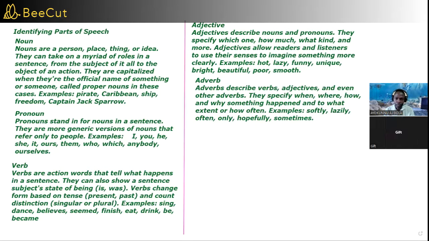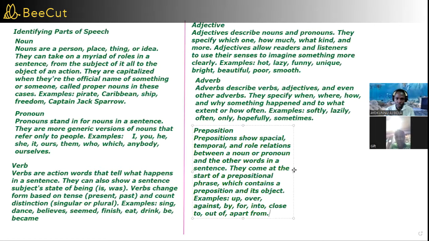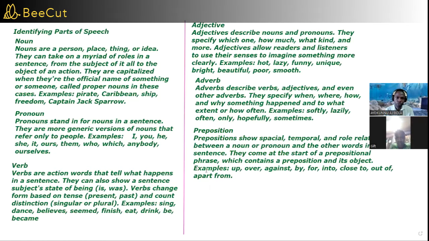And the next thing that I didn't think we mentioned in last class was preposition. Prepositions simply show relationship, that is position. They show spatial, temporal, and role relations between nouns and pronouns and other words in a sentence.